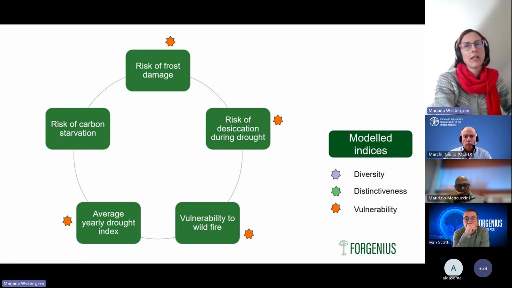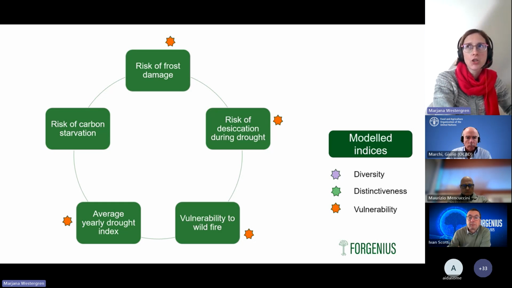The next group of indicators are modeled indicators. These are modeled based on parameters. And in this group, we have the indicators risk of frost damage, risk of desiccation during drought, average yearly drought index related to drought, vulnerability to wildfire, and risk of carbon starvation.